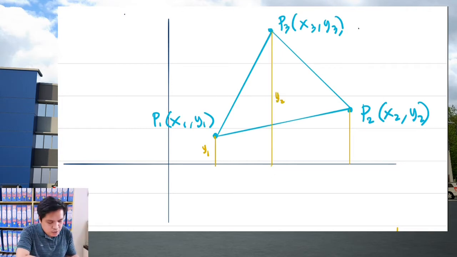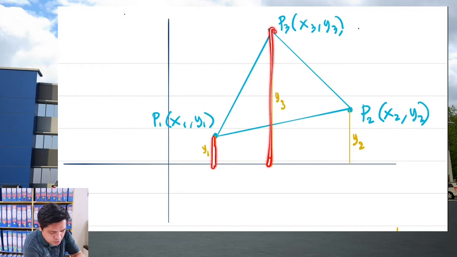Right? And of course, this length here, or height is y3. Ayan, sorry. Mali pala ako. This is y3. And this is y2. Sorry. That's it. Now, so meron tayong mga height.